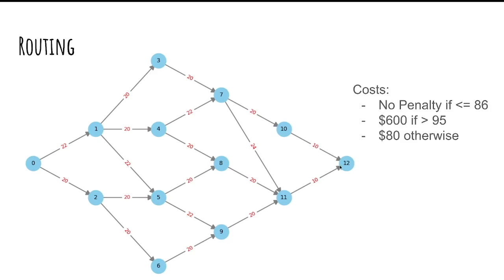Fine, you can do that, but see that you're really putting yourself out of options. So if you go from 2 to 6, and now anything happens here on the edges from 6 to 9, 9 to 11, or 11 to 12, you're screwed. You're stuck. You only have that one route, and you can't reroute yourself. So the repeated game here is that whenever you get to a new node, you get to decide again where you want to go.